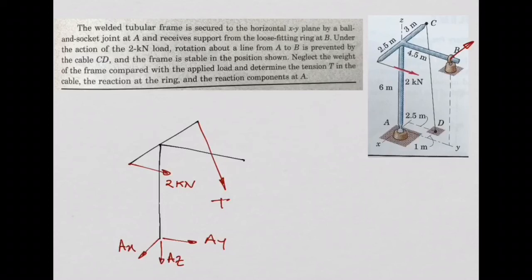No. So I need to include here a reaction, let's say, Bx. Now if I try to move point B in the z direction, in this direction, do you think the support allows that movement? No. So I also need to include a reaction Bz.